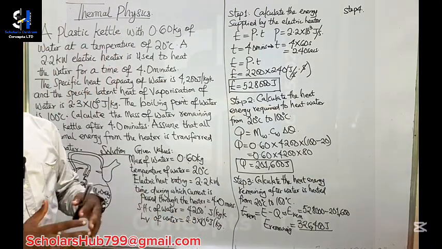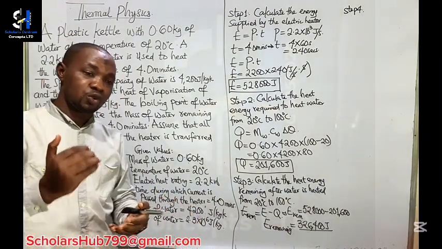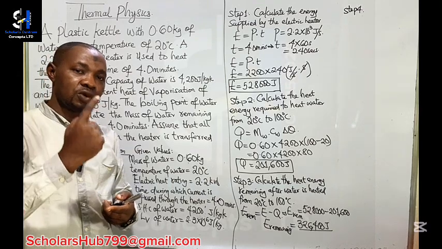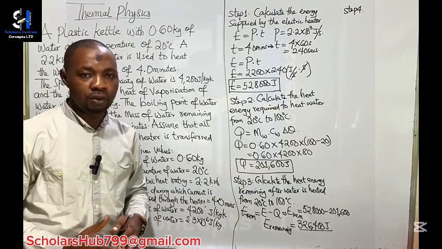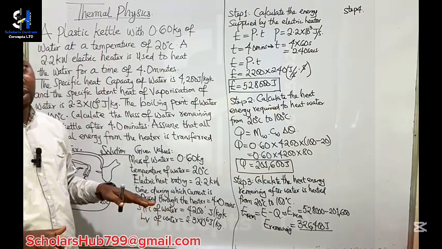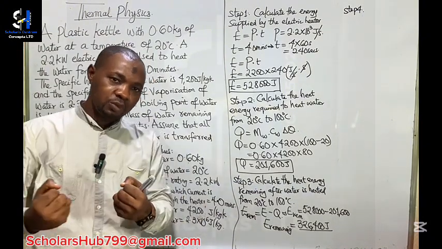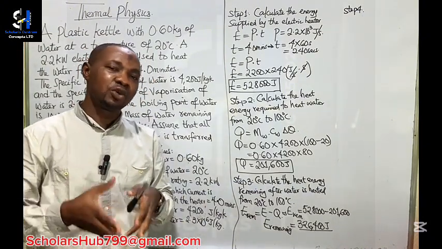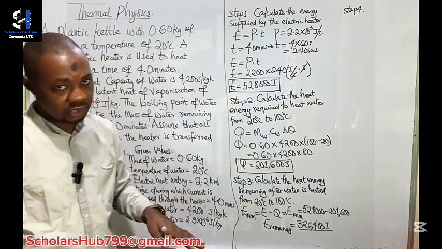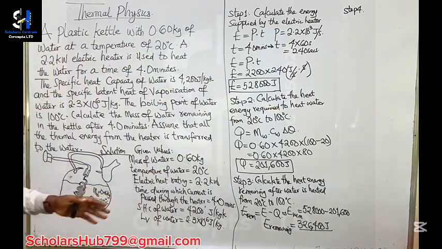Or we can say the heat energy required to convert 1 kilogram mass of water into vapor without any change in temperature, because like I said, the heat will be absorbed from the surrounding, but the temperature of the substance will remain constant.